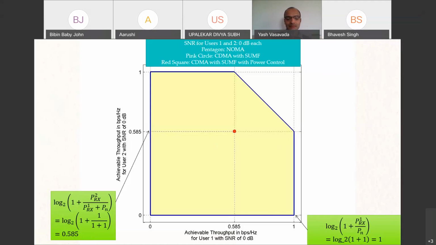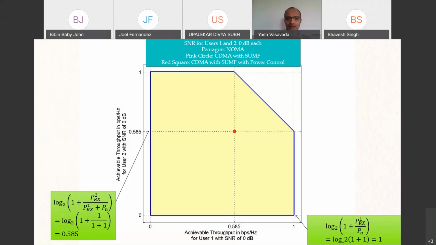Does this make sense? By this point for CDMA? Sir, because the power levels will be same. Yeah, power levels are the same.